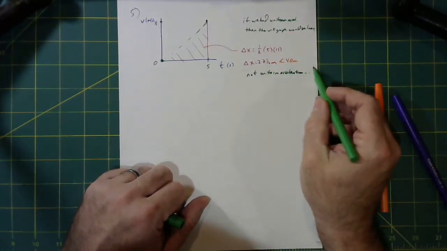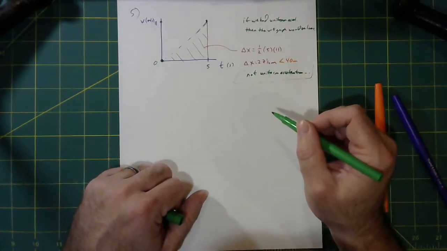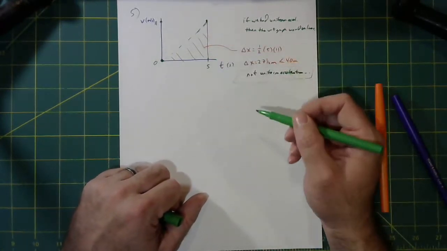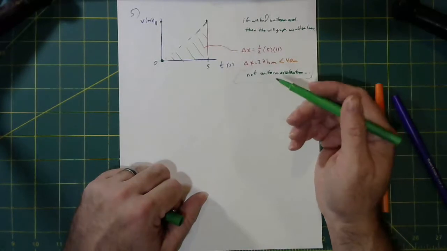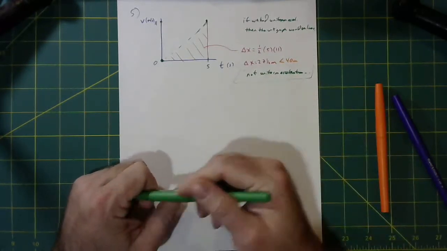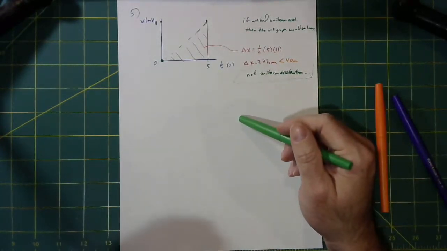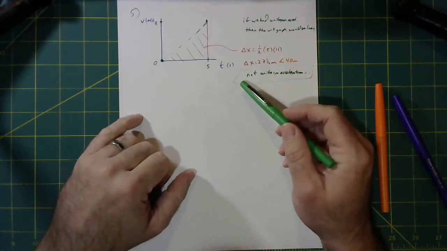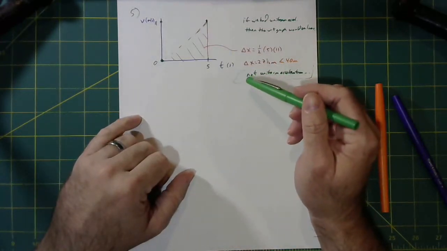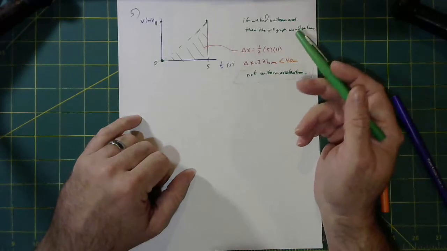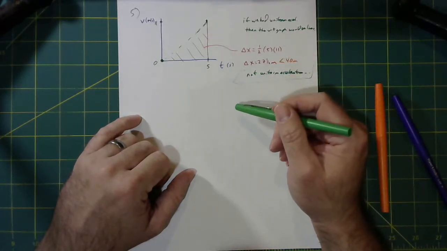Okay, can we use kinematics equations then? Apparently not, right? The kinematics equations are only good for constant accelerations. The derivation of the kinematics equations comes from a linear VT graph.